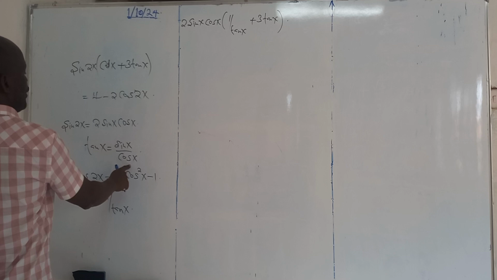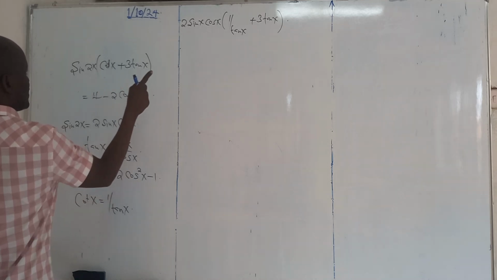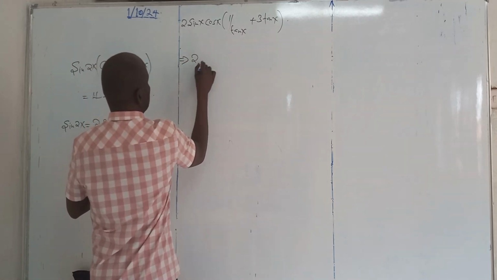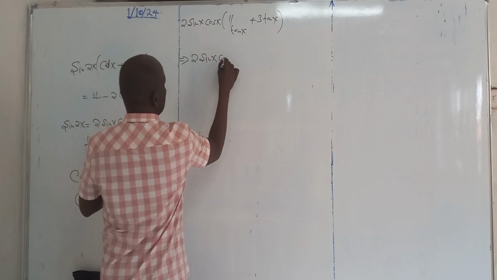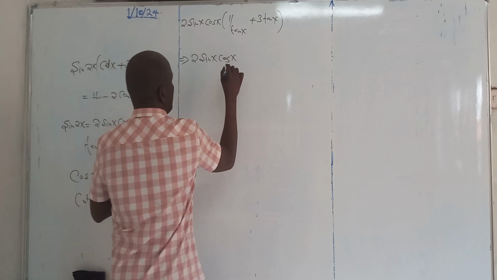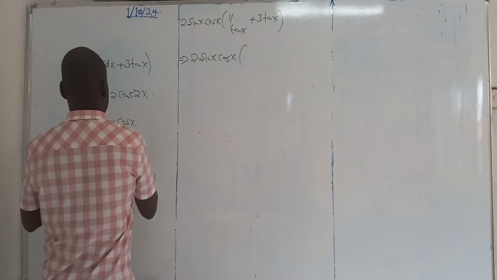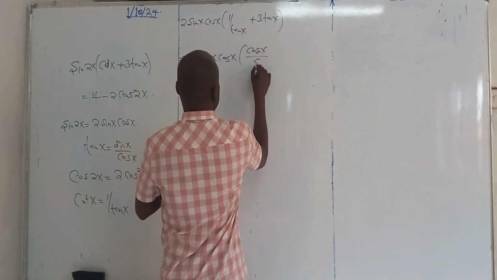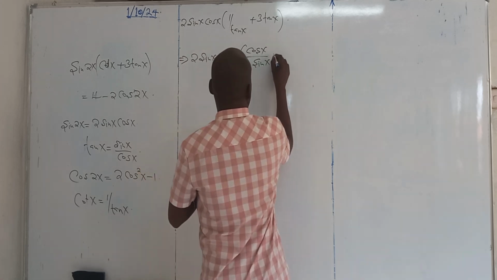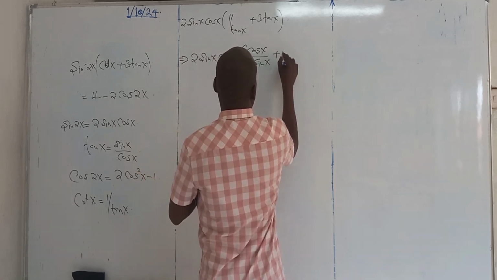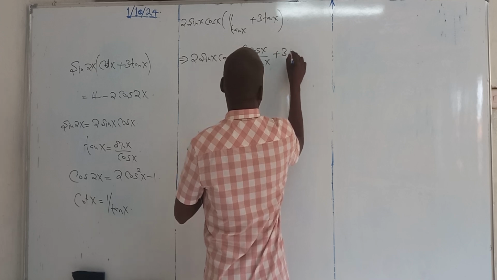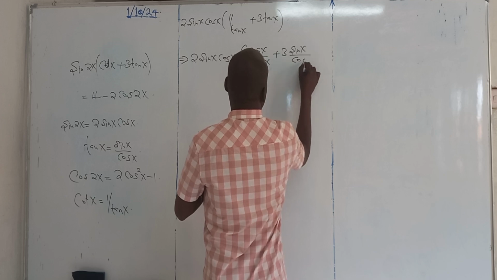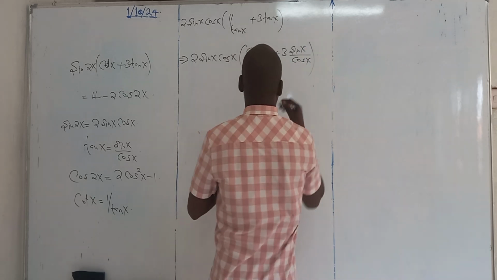So if I'm having 1 over tan x, I can write this as 2 sine x cos x in bracket. If this is sine x over cos x, so it is cos x over sine x, the reciprocal of tan, plus 3 into sine x over cos x, like that.